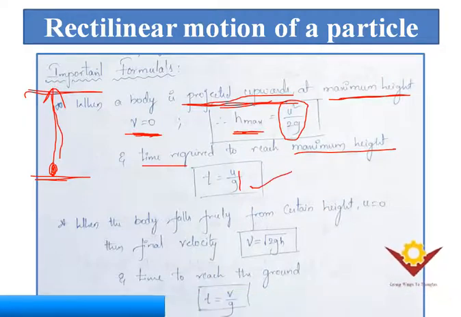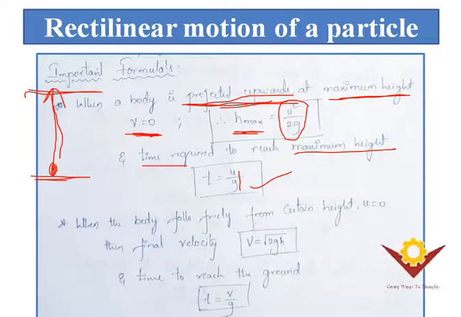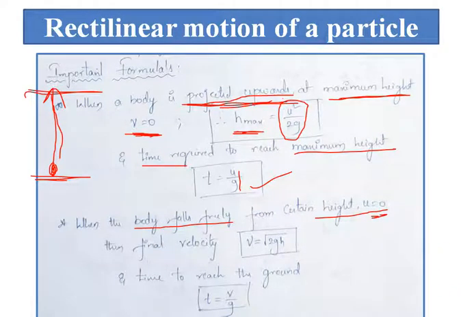Clear? Now when the body falls freely from a certain height, your initial velocity is 0. For example, the body is starting from here. Here the starting velocity is always 0, so the initial velocity u is 0, and now it is falling freely under gravity.